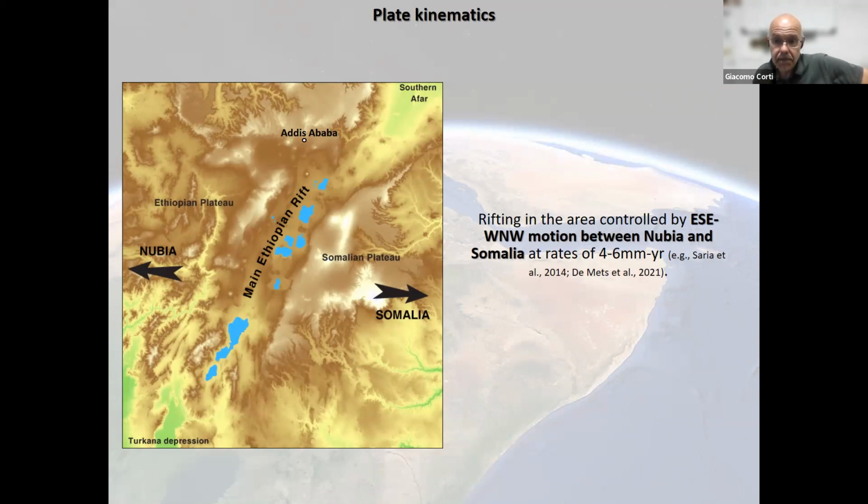Deformation started later with respect to this event and was related, as I told you at the beginning, to roughly east-west motion between Nubia and Somalia at the rates that I indicated before, something like 4 to 5 millimeters per year.